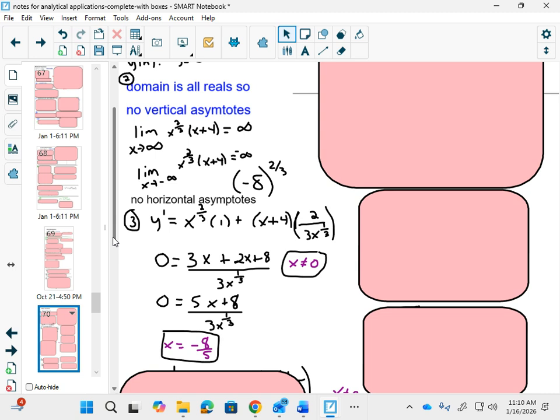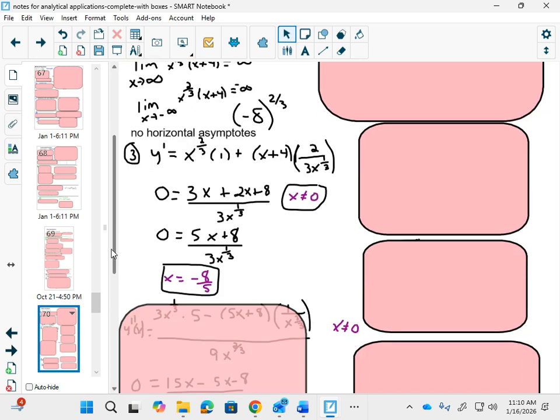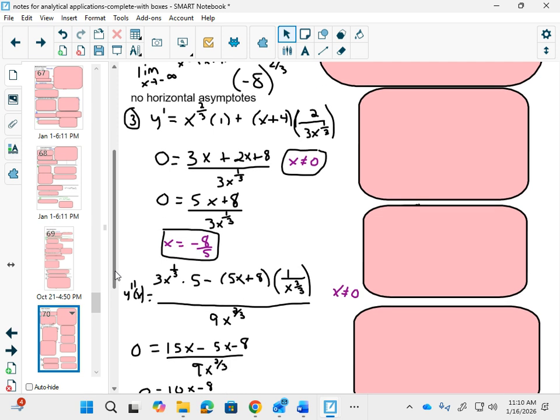Now we have to do our second derivative. Can you see that your second derivative would be a quotient rule? Keep the bottom the same, derivative of the top, minus keep the top the same, derivative of the bottom over the bottom squared.